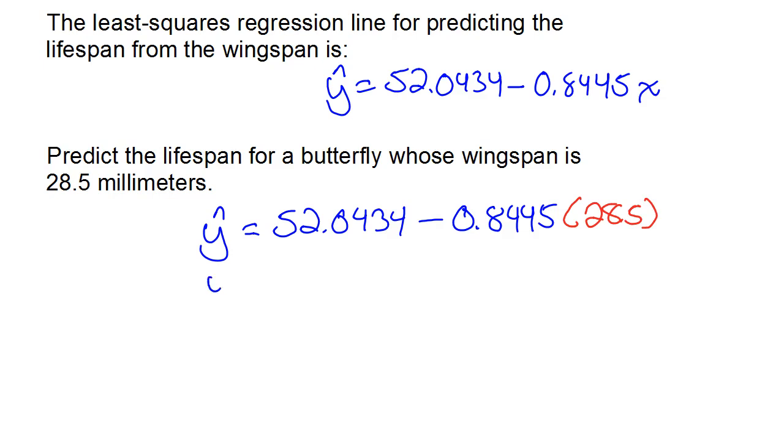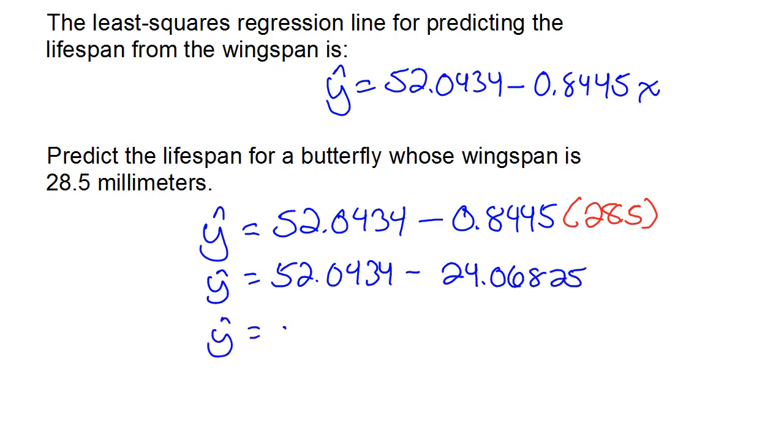And so I get that y hat is equal to 52.0434 minus 24.06825. So y hat is equal to 27.98. So that means a butterfly whose wingspan is 28.5 millimeters has a predicted lifespan of about 27.98 days.